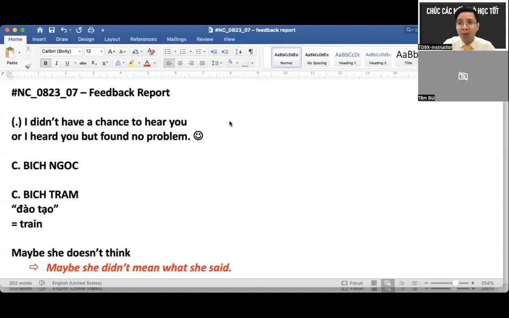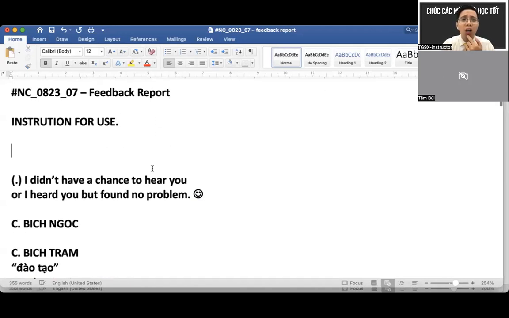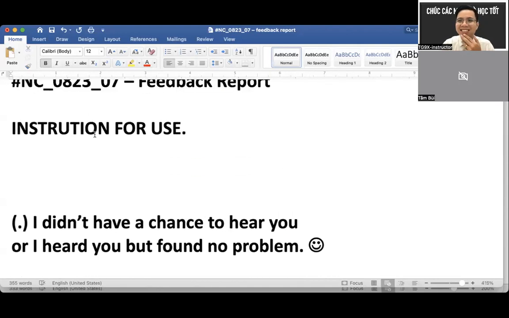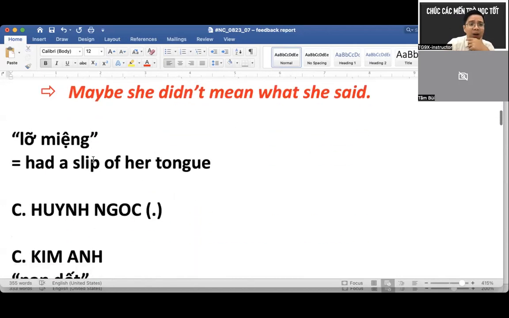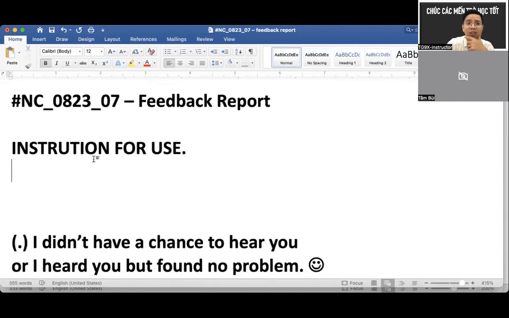This is the manual, the instructions for use. Can anyone repeat how to use this feedback report? How to turn all of these into yours? Can you remind me, please? I gave you a lot of things like this. Quite a lot of things, but how to use it?